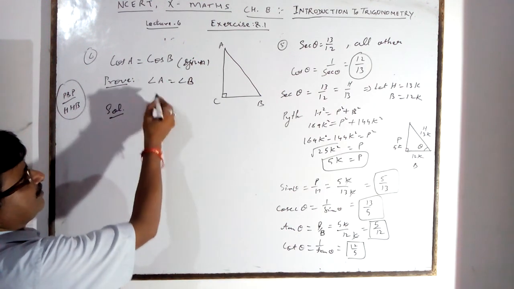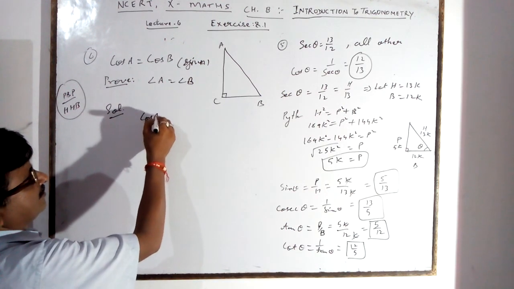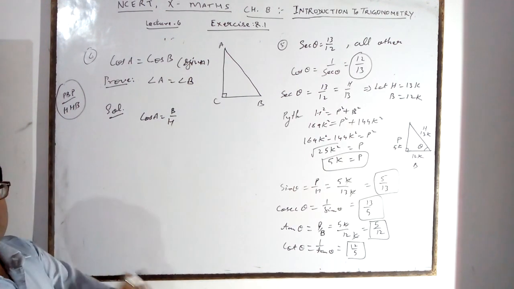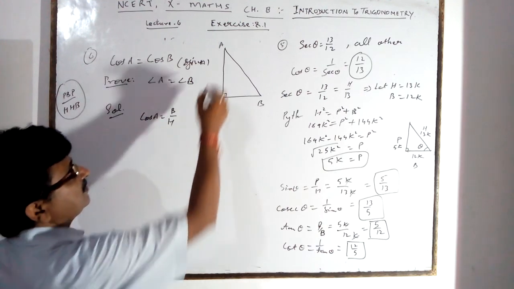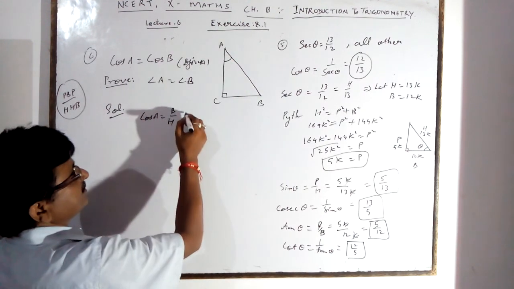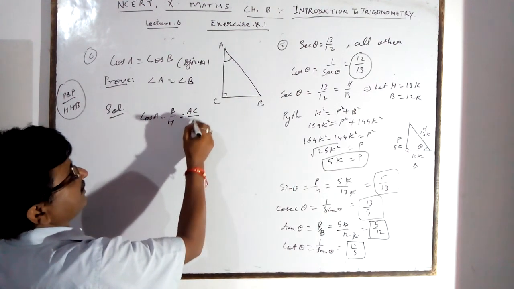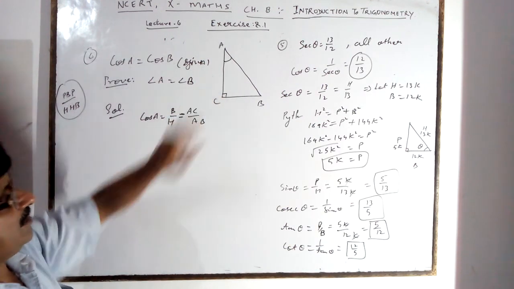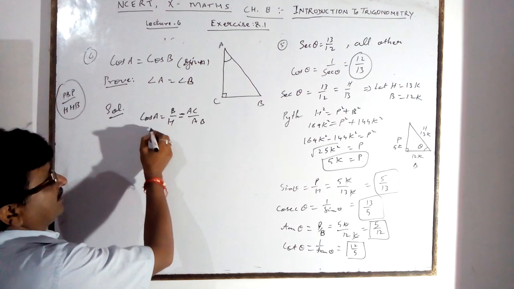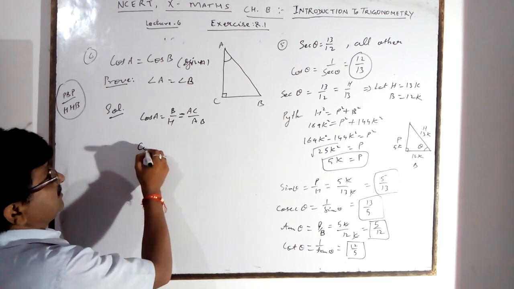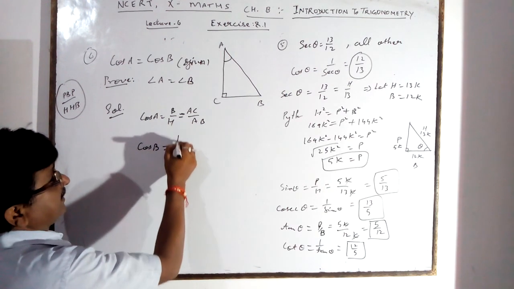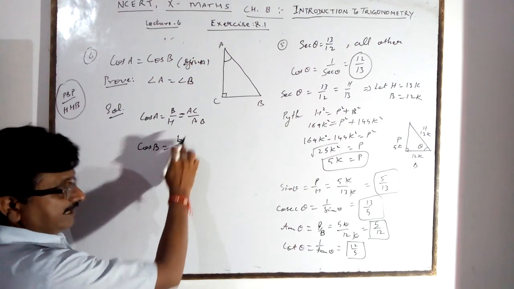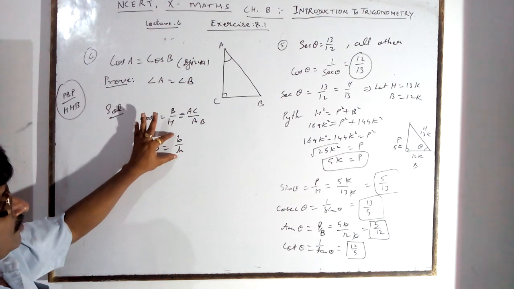Very simple. Cos A is equal to base upon hypotenuse. What is this? Base upon hypotenuse. For this angle, what is the base? AC upon AB, or not? For angle A, AC upon AB. Cos B is equal to, again, base upon hypotenuse.